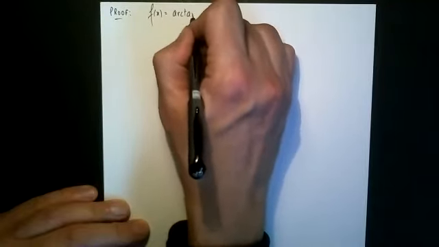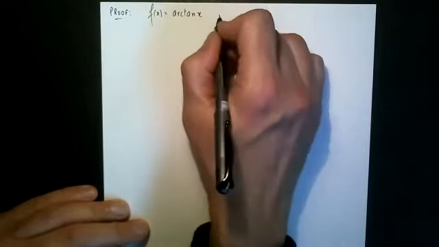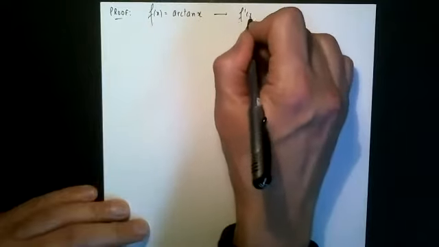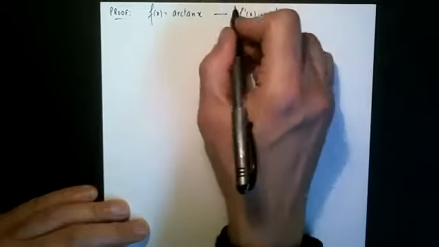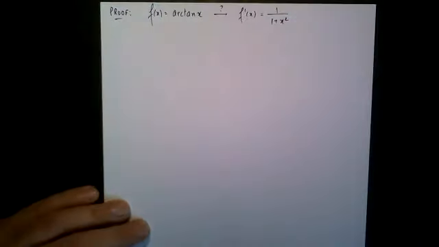All right, so let's prove the second one. That if f of x is equal to the arctan of x, then f prime will be 1 over 1 plus x squared. That's what I need to show.